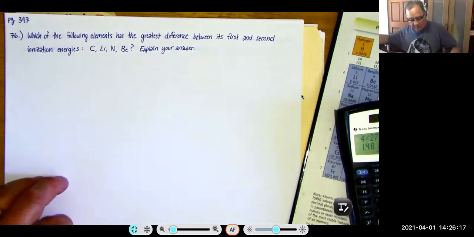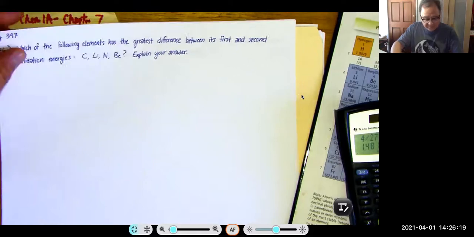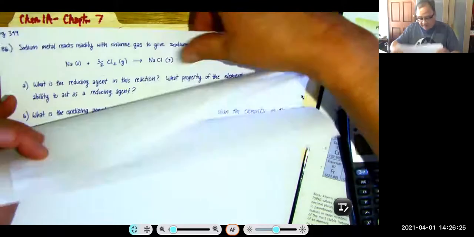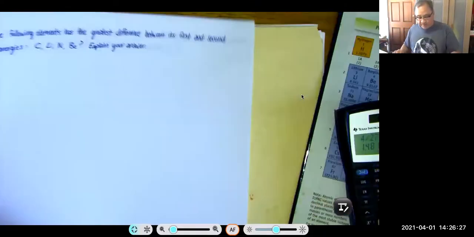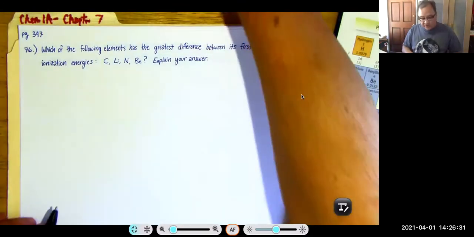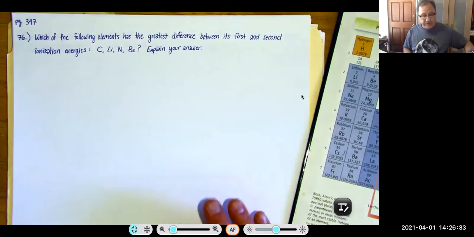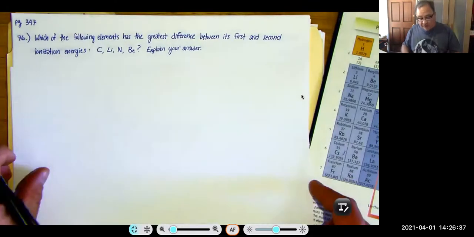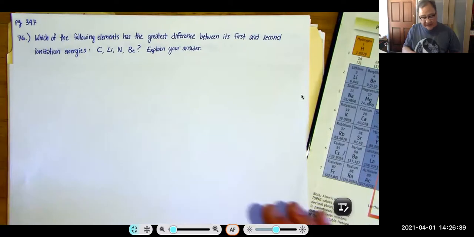Let's see how many more of these we have to do. I think we're going to do just one more of these. So this one is supposed to take you to the next level of thinking here. Which of the following elements has the greatest difference between its first and second ionization energies?